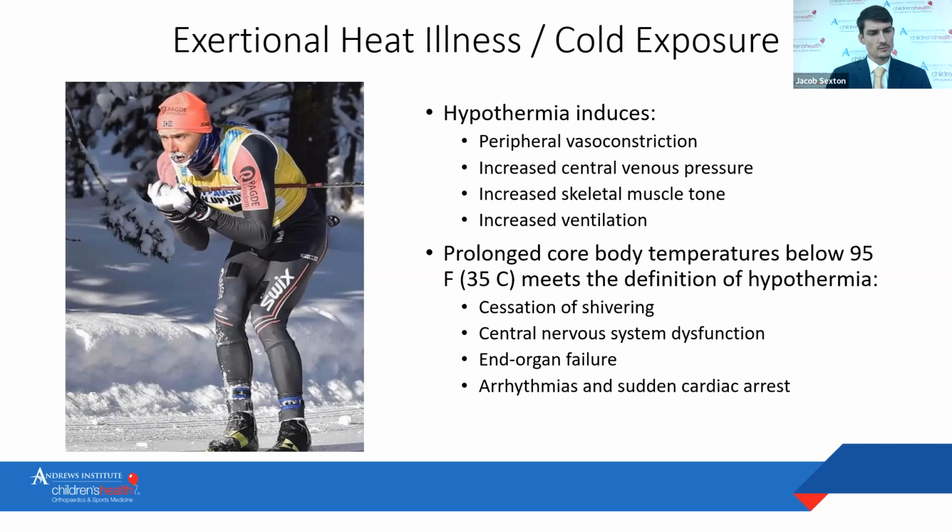It makes all the blood pull into that central core area, and that ultimately causes more blood to return back to the heart. You also have increased skeletal muscle tone in order to prepare for shivering and other modes of heat production during exercise. And then you also have increased ventilation at that point in time in order to increase your core body temperature. Prolonged core body temperatures below 95 degrees meets the definition of hypothermia.